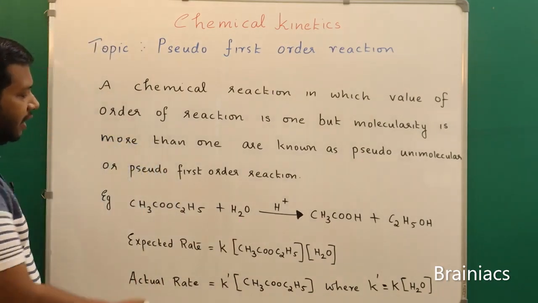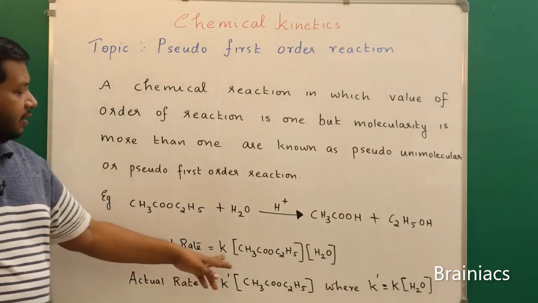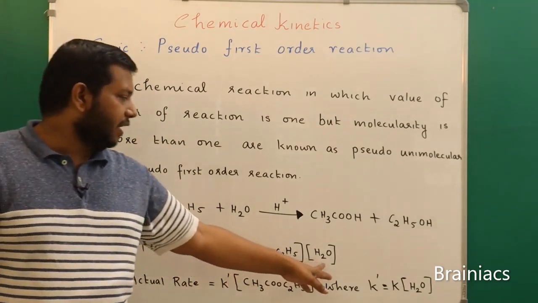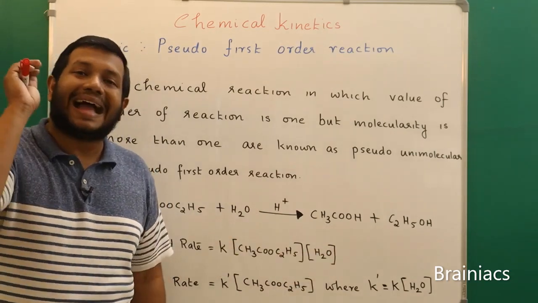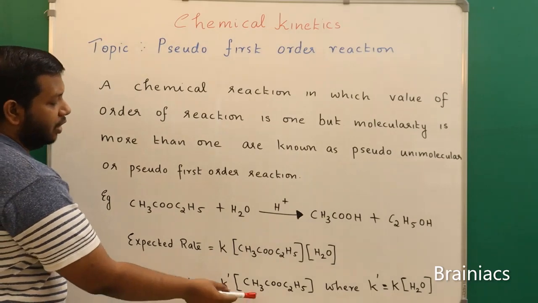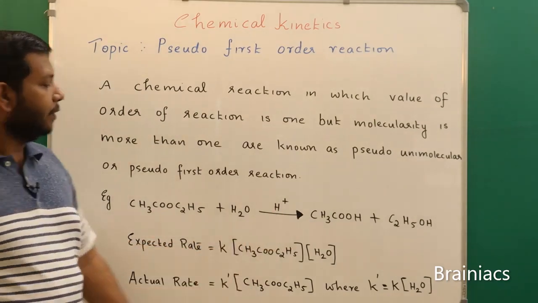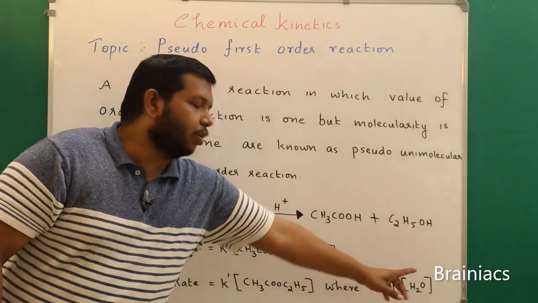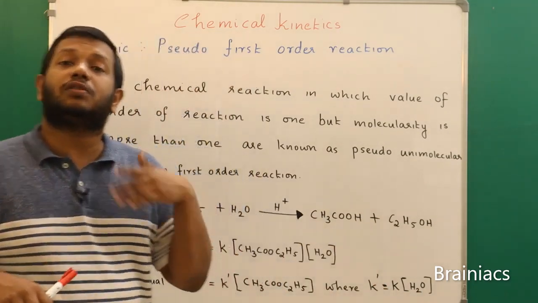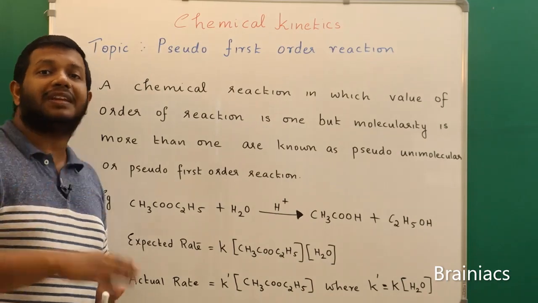So the expected rate law is k, the rate constant, times the concentration of CH3COOC2H5 multiplied by the concentration of H2O. But the actual rate law is k dash into the concentration of CH3COOC2H5, where k dash is k times the concentration of H2O, because k is a constant and the concentration of H2O is also a constant since it is present in excess.